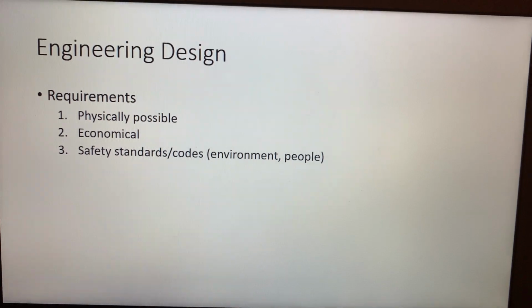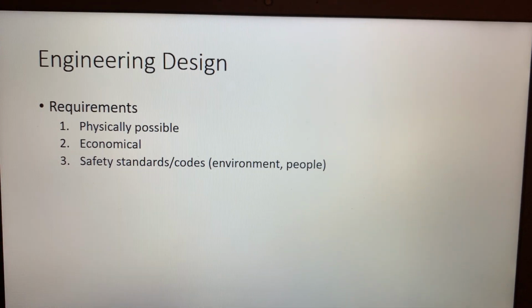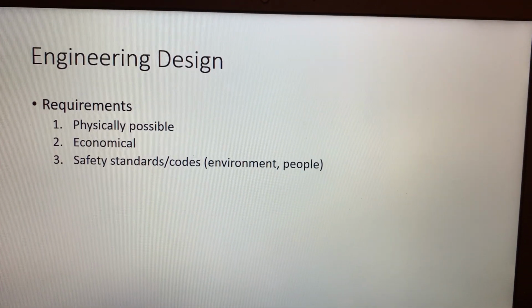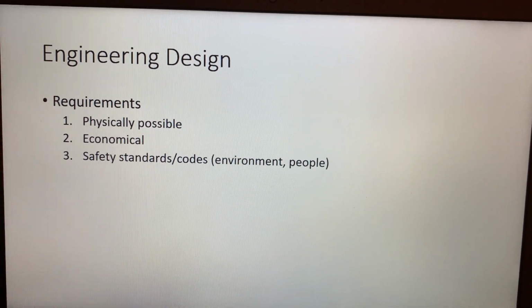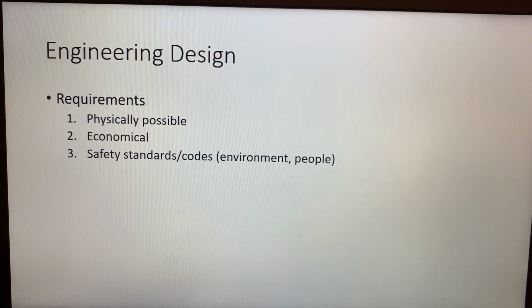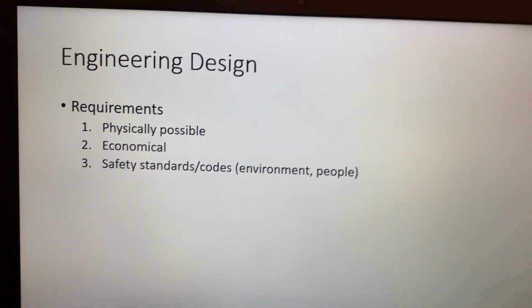And third, but definitely not least, is safety and standards codes. We've got to take care of the environment, and we've got to take care of each other, and make sure our projects don't hurt either of those things.